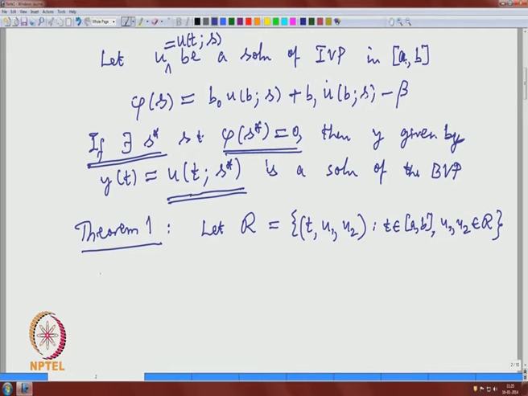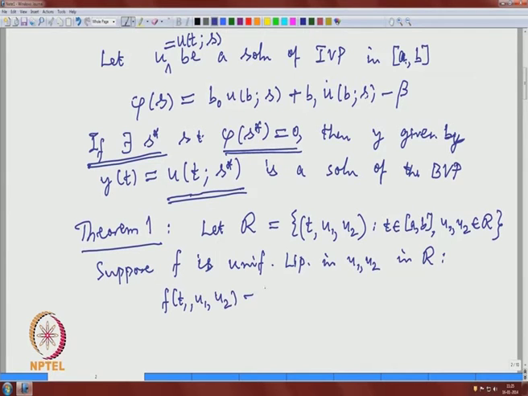Okay. So, suppose f is uniformly Lipschitz in the u1, u2 variables in R. Last time I stated that, let me state it one more time: the absolute value of f of t, u1, u2 minus f of t, v1, v2 is less than or equal to some m1 times the absolute value of u1 minus v1 plus m2 times the absolute value of u2 minus v2.